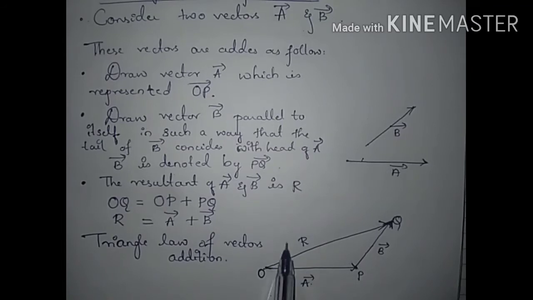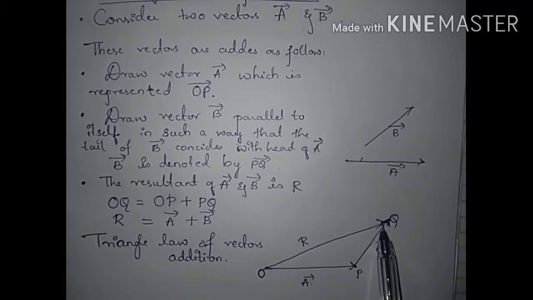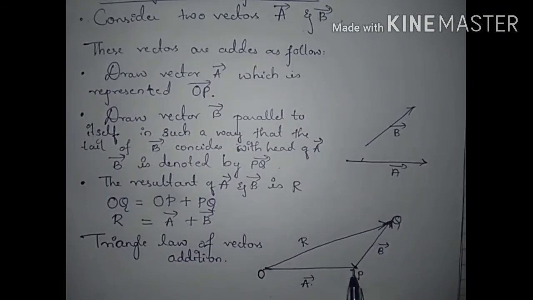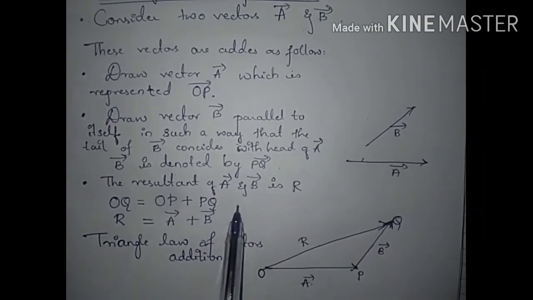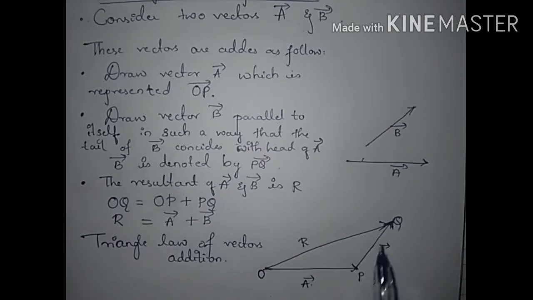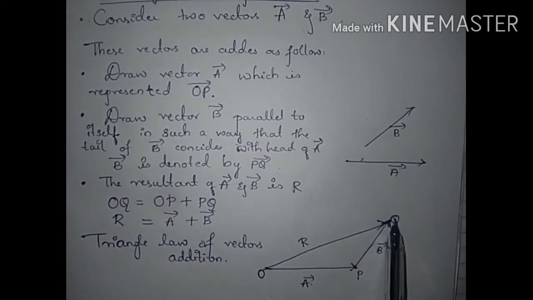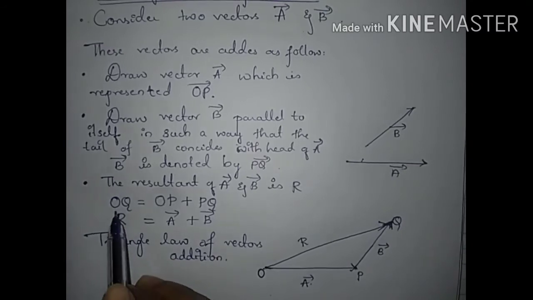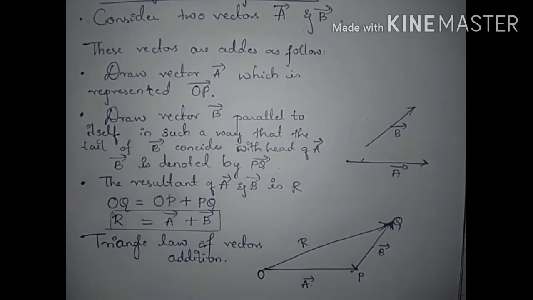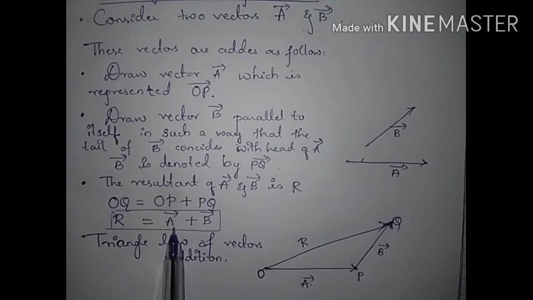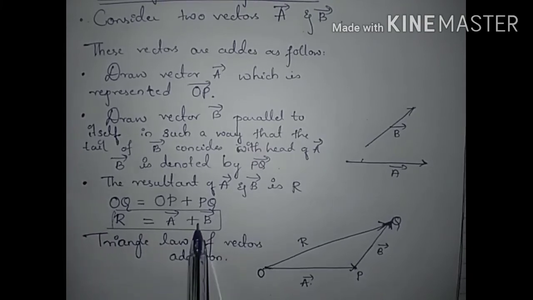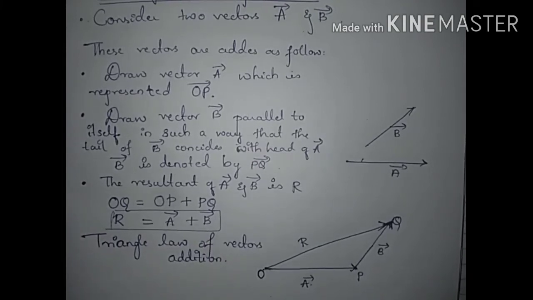So this resultant vector can be written as OQ is equal to OP plus PQ. So I have written that here. OQ is R, OP is A, PQ is B. Therefore the resultant vector R is the sum of vector A and vector B. So this is known as the triangle law of vectors addition.